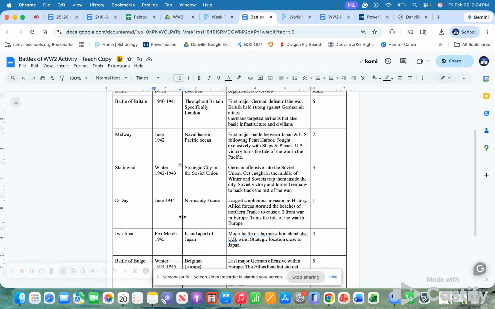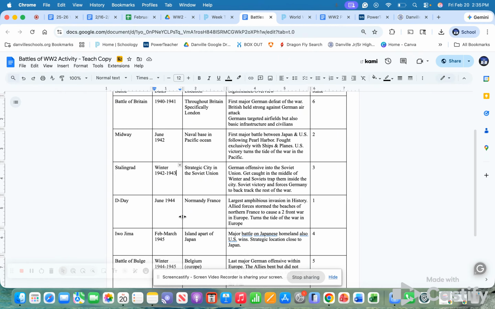So what this was is the German offensive in the Soviet Union. They were trying to take more and more land. They got caught in the middle of the winter, and the Soviets trapped them inside the city. From this point forward, and this is why it's important to discuss, Germany is going to be forced to backtrack the rest of the war on the Eastern Front, and the Soviets are going to gain more and more of their own land back.